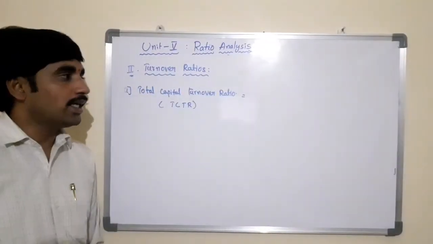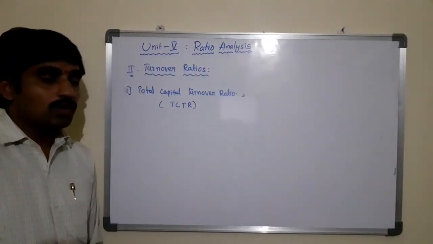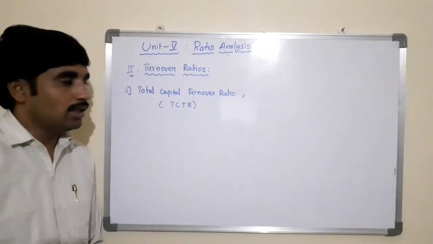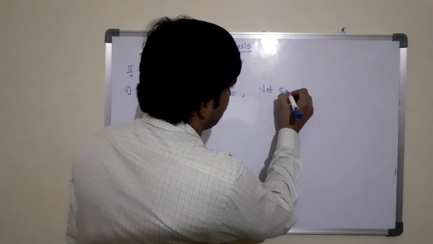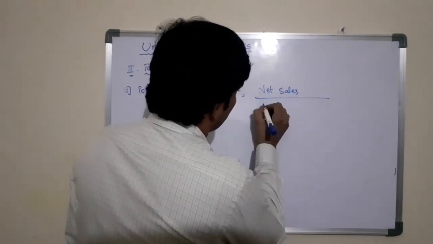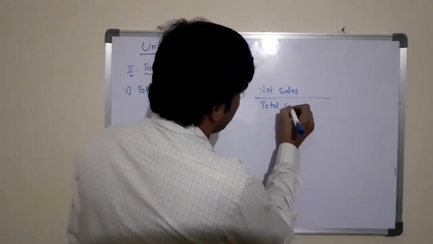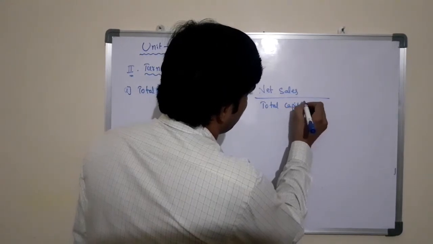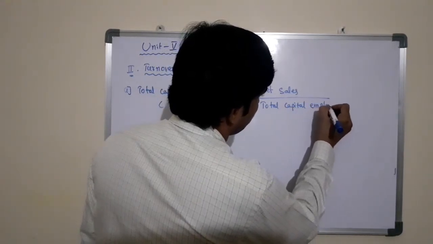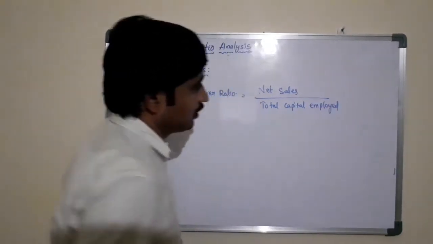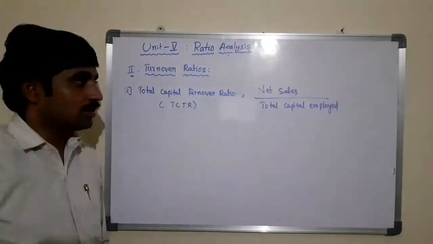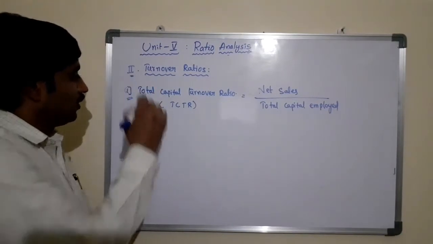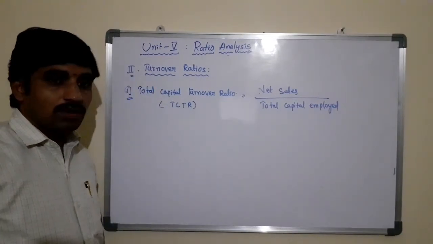The formula for calculation of this total capital turnover ratio is net sales by total capital employed, meaning total capital employed or invested in the business. So how can you define the total capital turnover ratio?